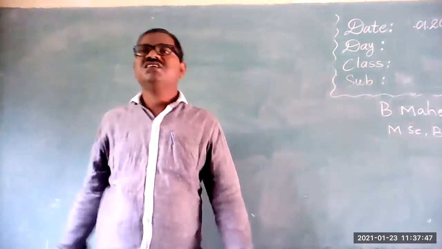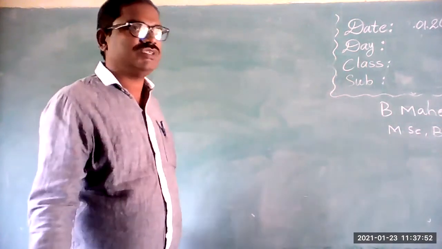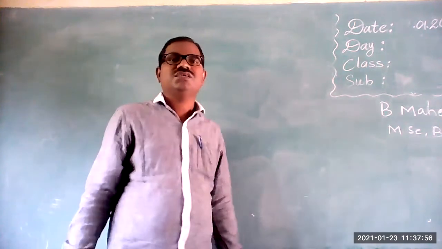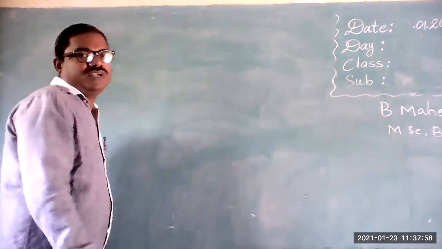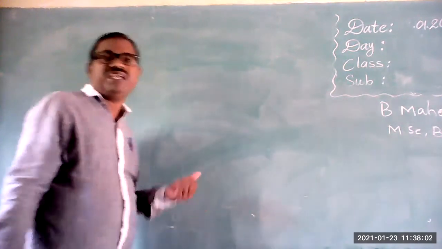Okay. Before starting today's topic, I will explain one example. Rohan is working in a private company. Rohan gets a monthly salary of 20,000. The company gives a 500 rupee increment every year.